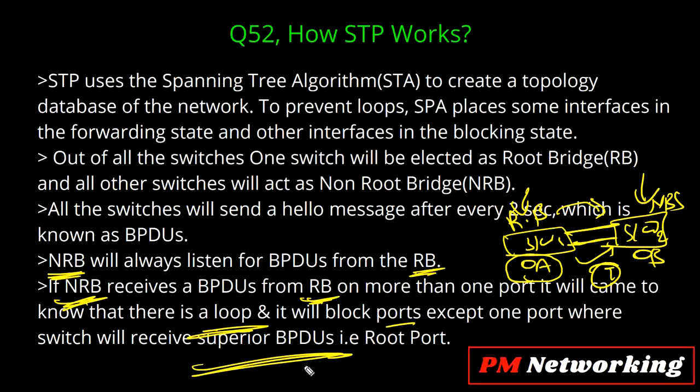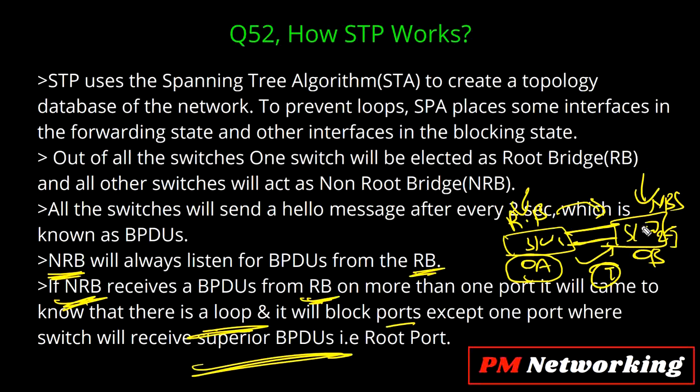So switch number 2 will block one interface, because it is receiving the same superior BPDU on 2 ports, and so it knows there is one loop. Switch 2 will block all the links except the one link on which it receives the superior BPDU.